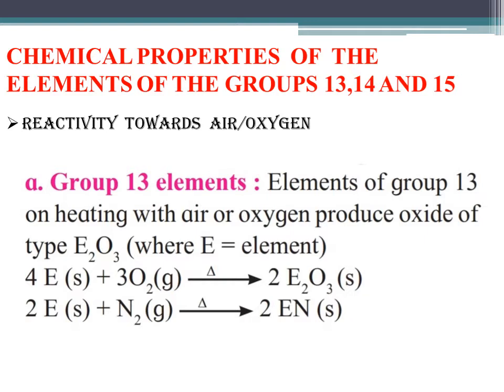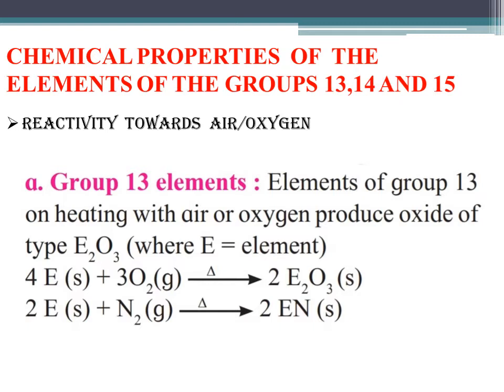So my dear students, in this we are going to deal with the reactions that the elements of group 13, 14 and 15 show with various reactants. The first one is the reactivity towards air and oxygen of the group 13 elements. Elements of group 13 on heating with air or oxygen produce oxides of type E2O3.